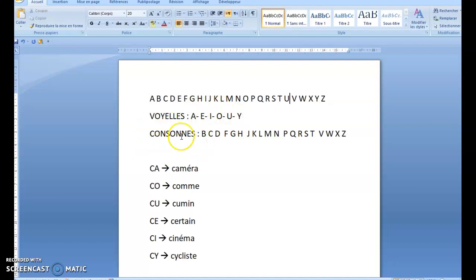Les consonnes, consonants: C, D, F, G, H, J, K, L, M, N, P, Q, R, S, T, V, W, X, Z.